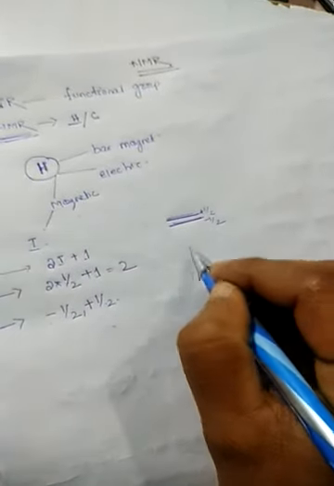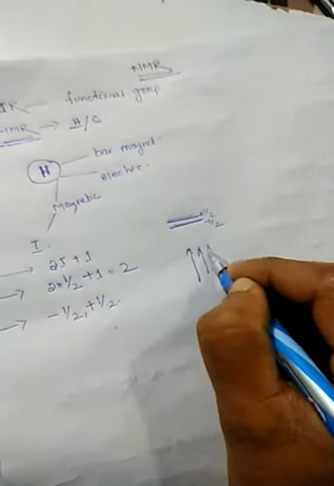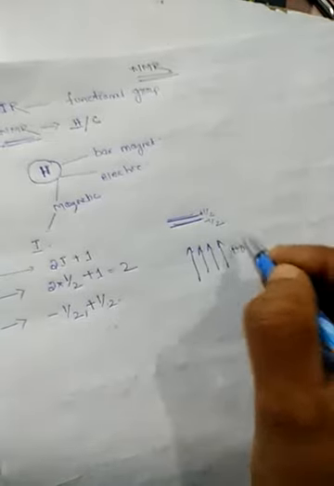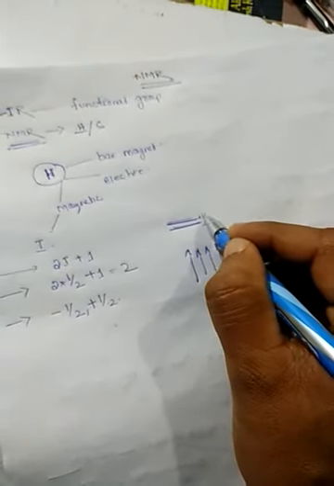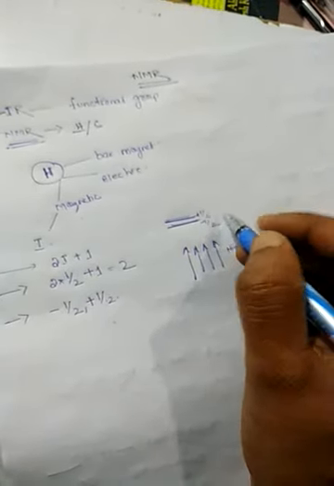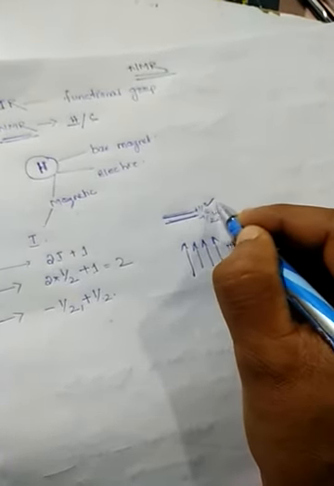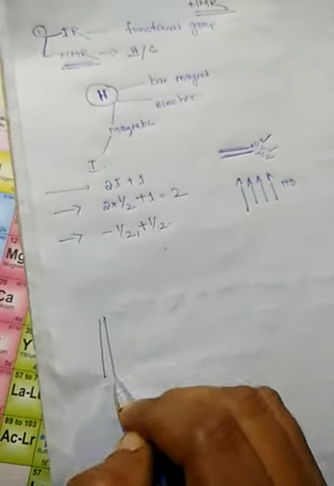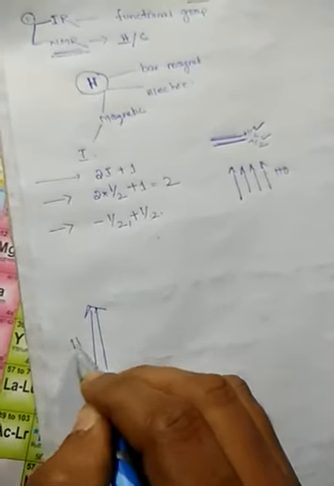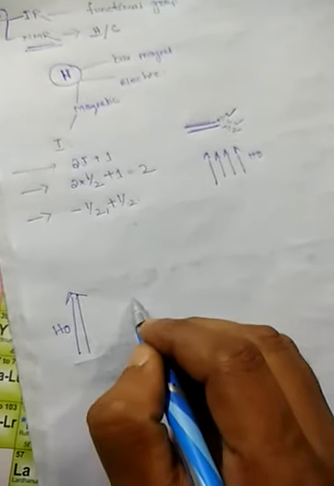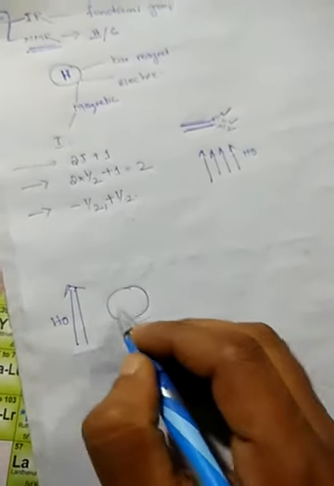But whenever we apply a magnetic field of field strength H0, these two are separated, because each spin, plus half and minus half, is associated with a magnetic moment. Suppose our applied magnetic field is in this direction with field strength H0, and this is the nucleus.